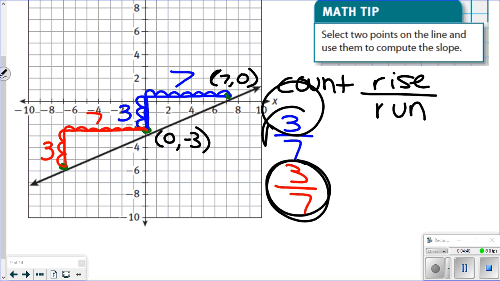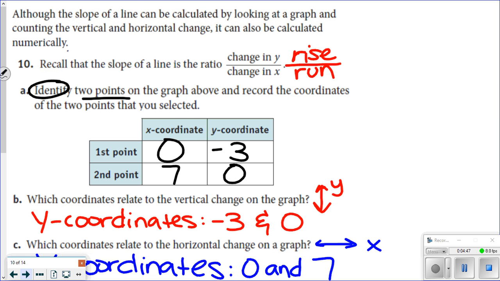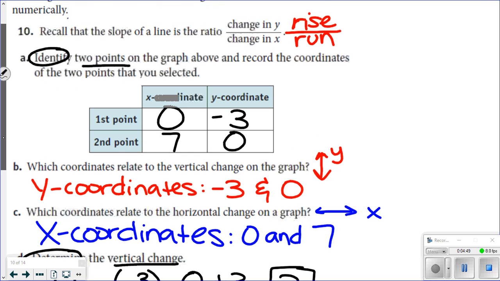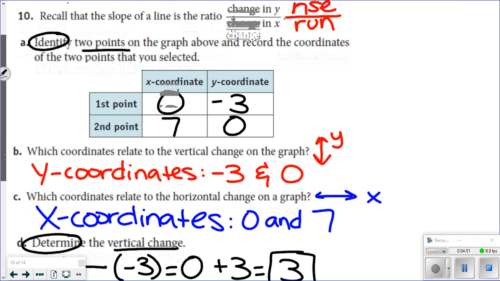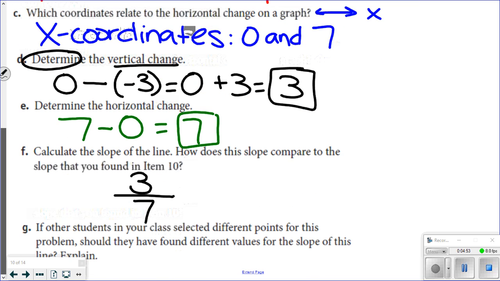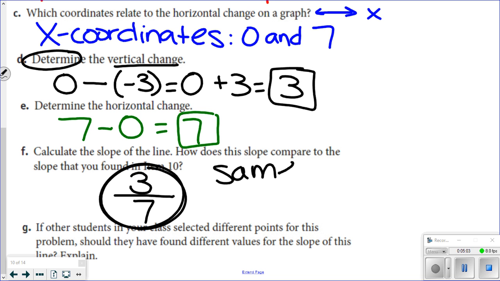So I counted my rise over run on the graph, and we got 3/7 in question 9. Then, if I'm using the 2 ordered pairs, the 2 coordinates, we still got our slope as 3/7. So we got the same exact answer. The slopes are the same. Okay?